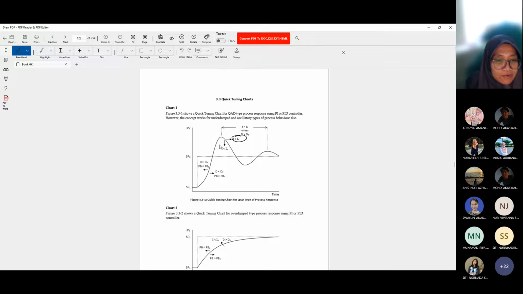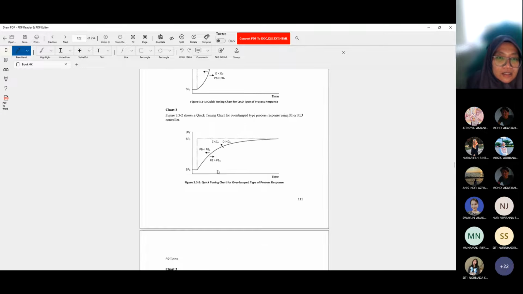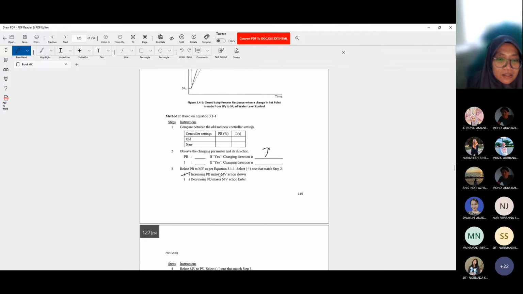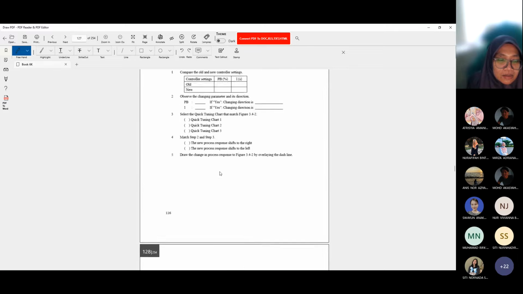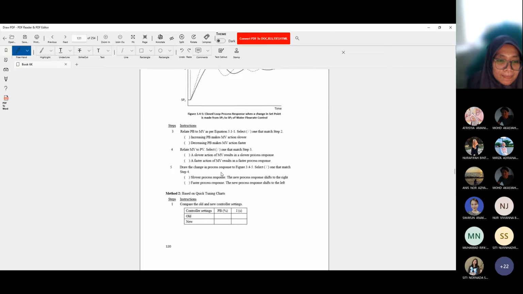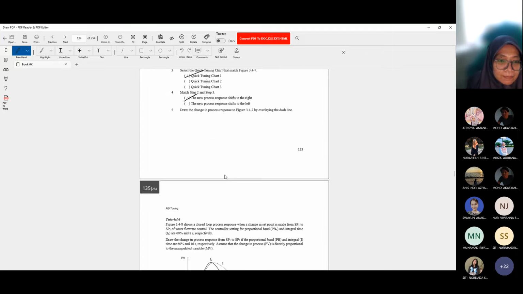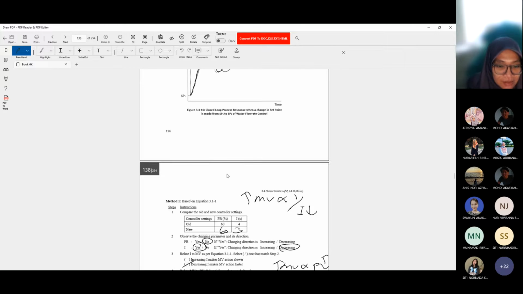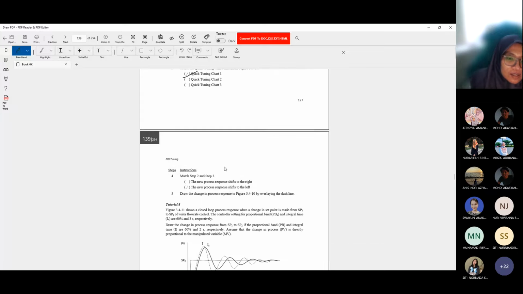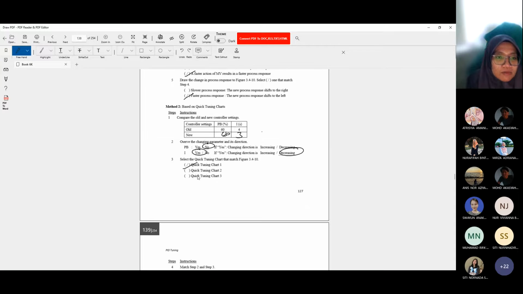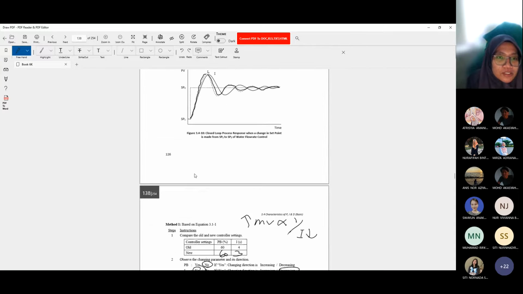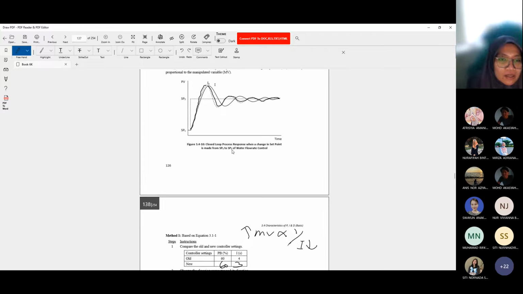Yes, the shift to the left basically should go down, and when it gets smaller it goes to the left. Which one was it just now? This one. Okay. So same step as before, you need to draw that process response that shifts to the left.